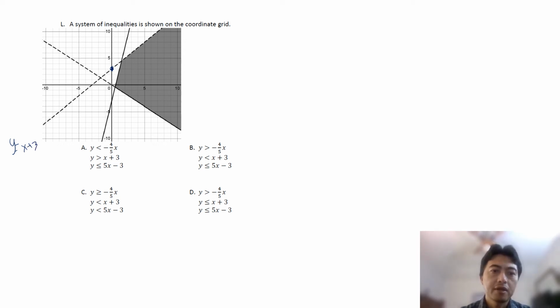And then this line has a y-intercept of 0. So that means this one is represented by y equals negative 4/5 x. And then the last line has a y-intercept of negative 3. So that has the line y equals 5x minus 3.